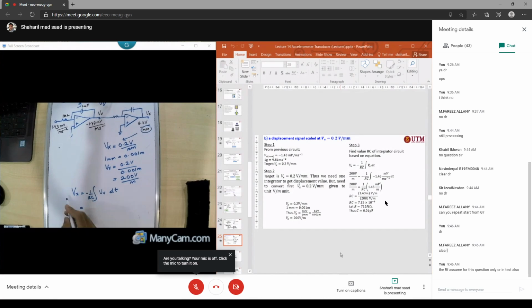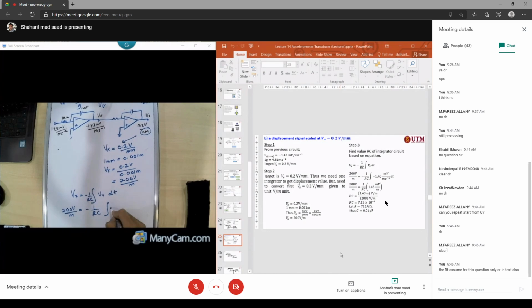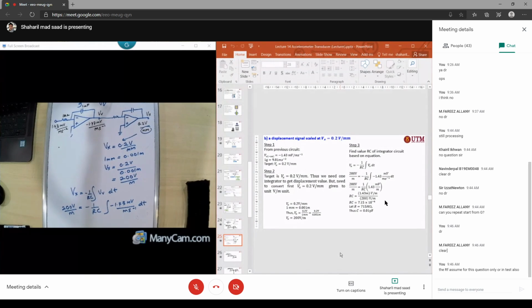The Vx here is 200 volt per meter, equal to minus 1 over RC, integrate Vv, which is 1.43 millivolt per meter per second, dt.